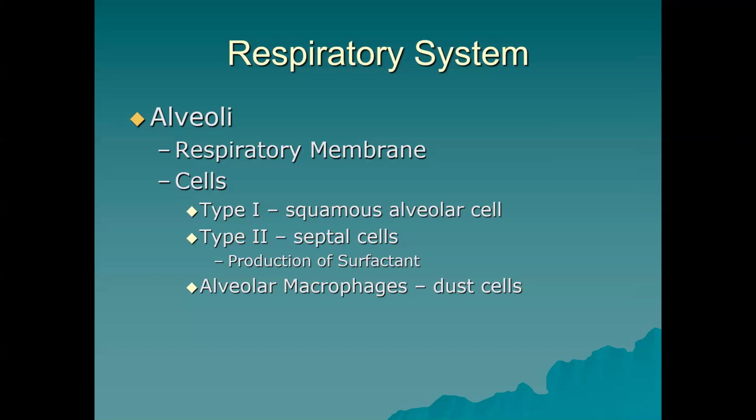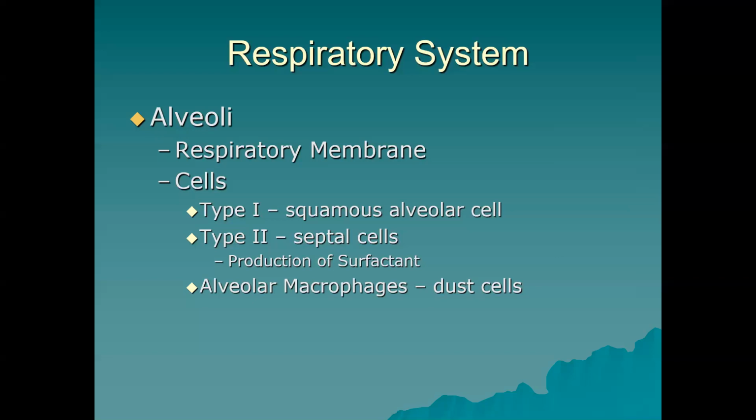The thing is, though, it's such a small little balloon that the surface tension of water would collapse all these alveoli. So what we need is a little bit of detergent to decrease the surface tension of water in the alveoli so they remain open. So they're little tiny balloons and they all remain open. And type 2 cells are the ones that make the surfactant. All right.